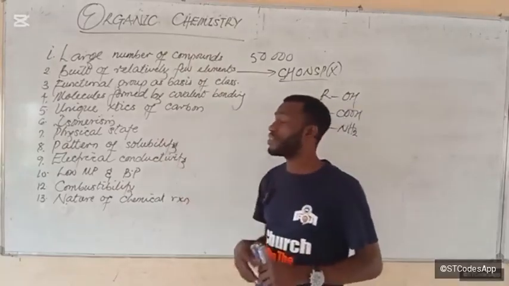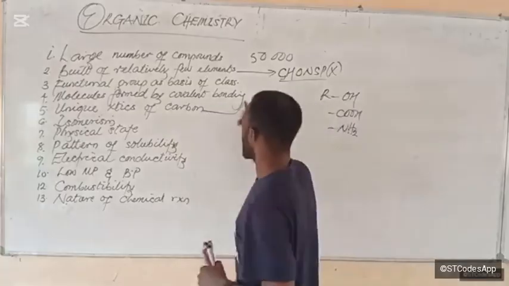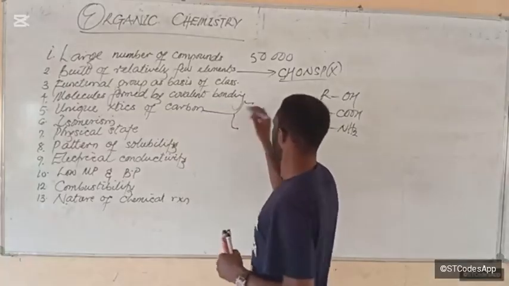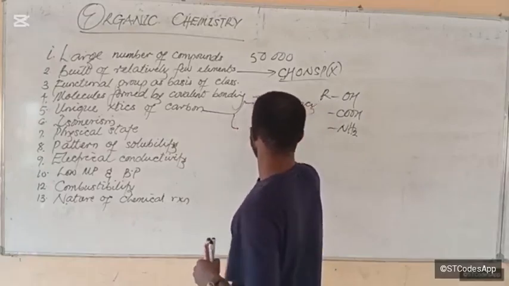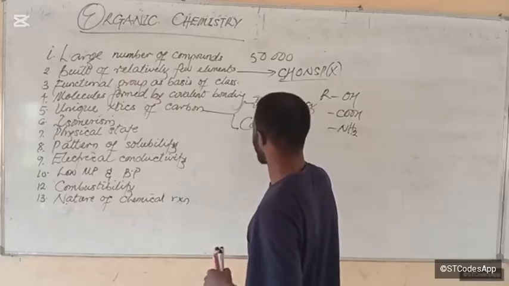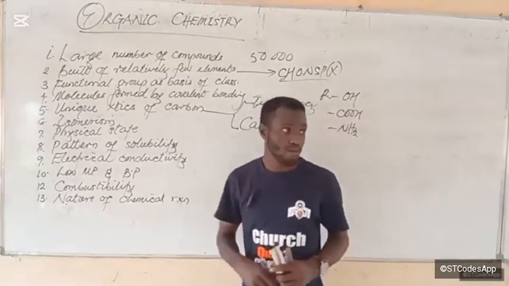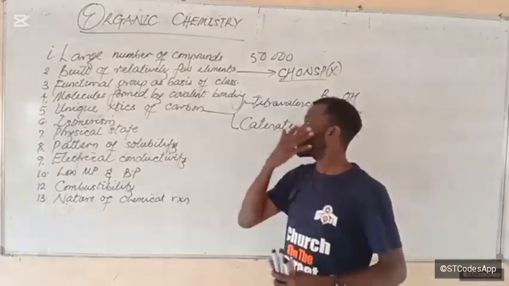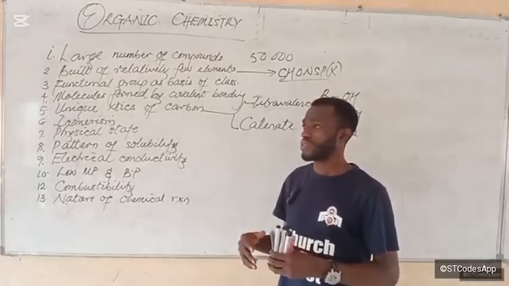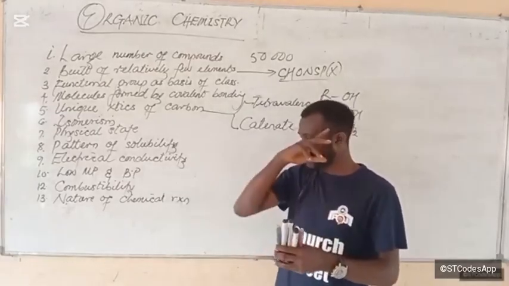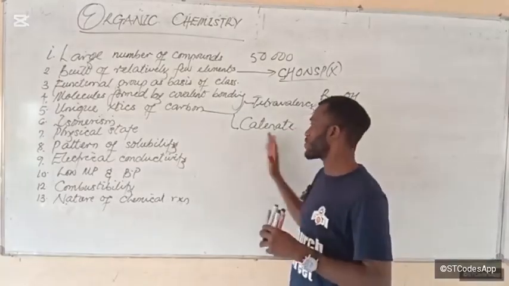Then the other one is the unique characteristics of carbon, and these are simply the tetravalency of carbon and its ability to catenate. There are other elements that can catenate, but it has been found that carbon is the most studied and shows the highest degree of catenation.